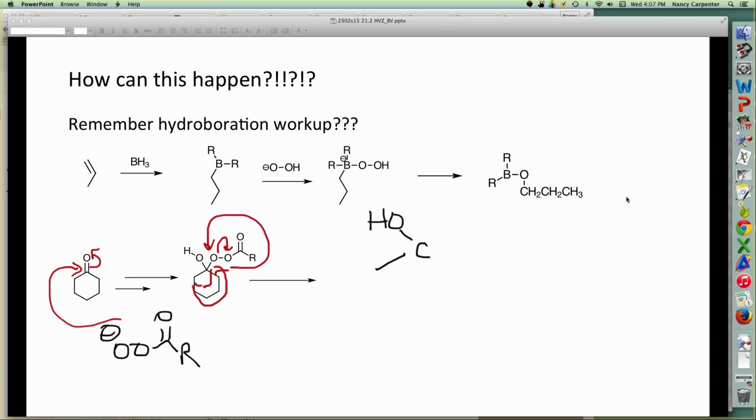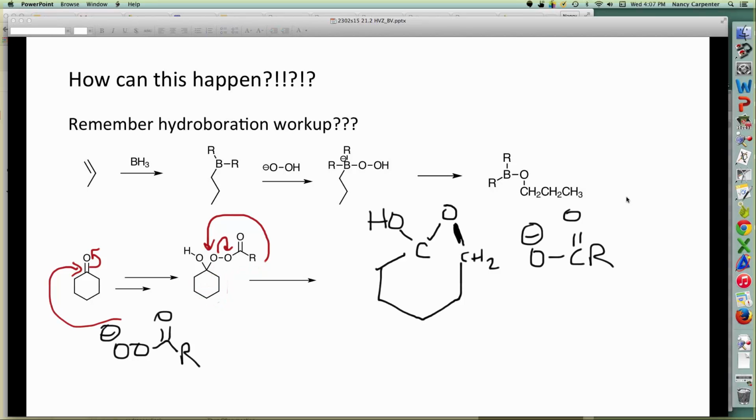And I'm going to draw it nice and big here. Okay, so I'm not breaking that bond, but I am moving. This is the bond that migrated, and in so doing I kicked out that good leaving group. So I'm going to try and erase this part over here and make this a little clearer.